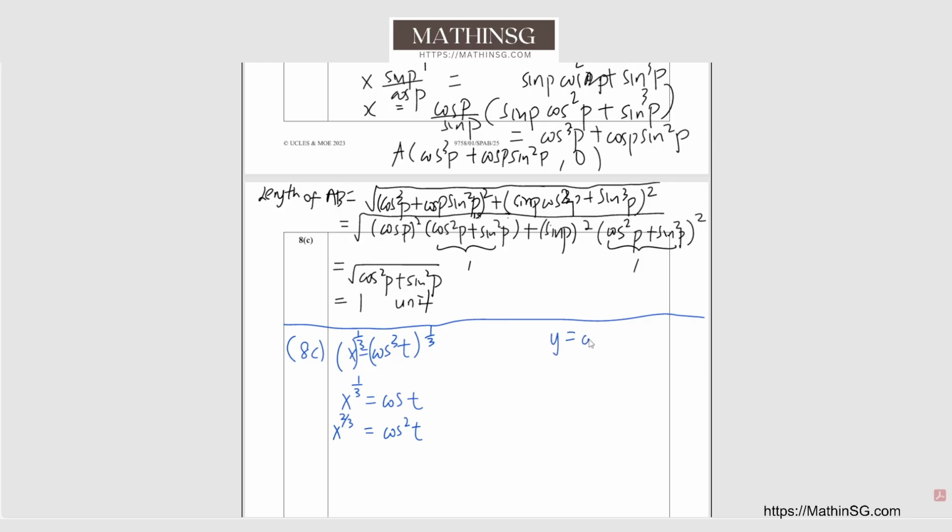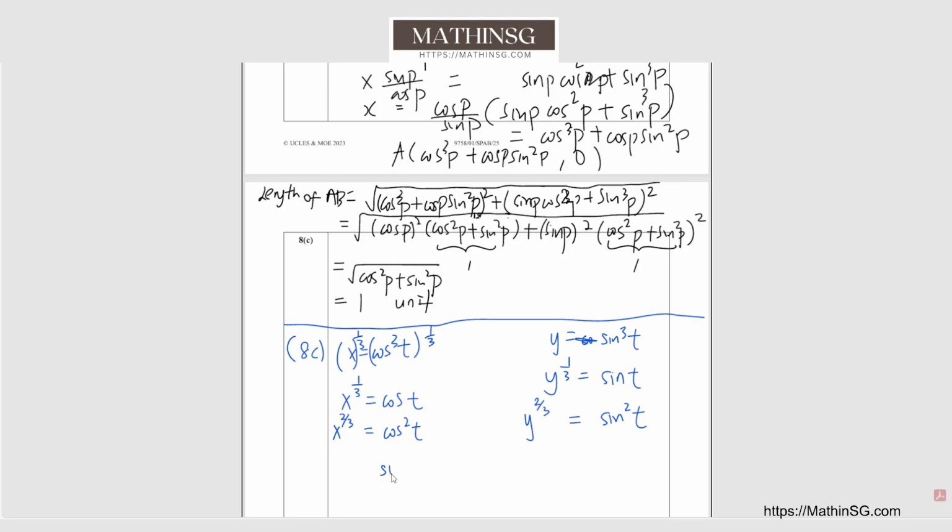Similarly, y is equal to sine cubed t, right? So I don't want the cube. So what I'll do is make y to the power of 1/3 equal to sine t. So sine squared t is equal to y to the power of 2/3.